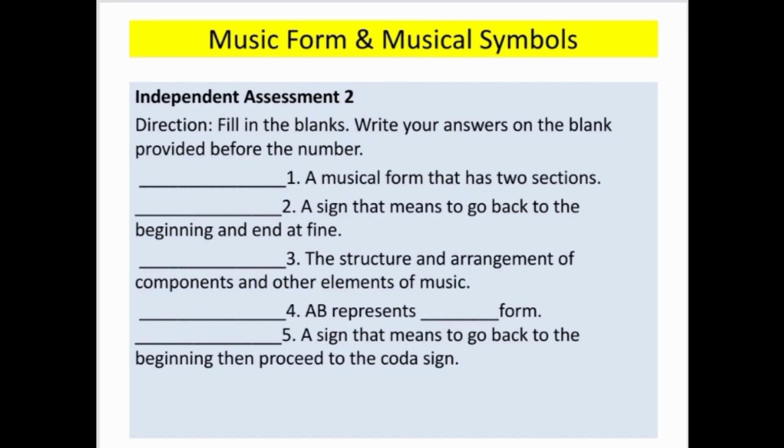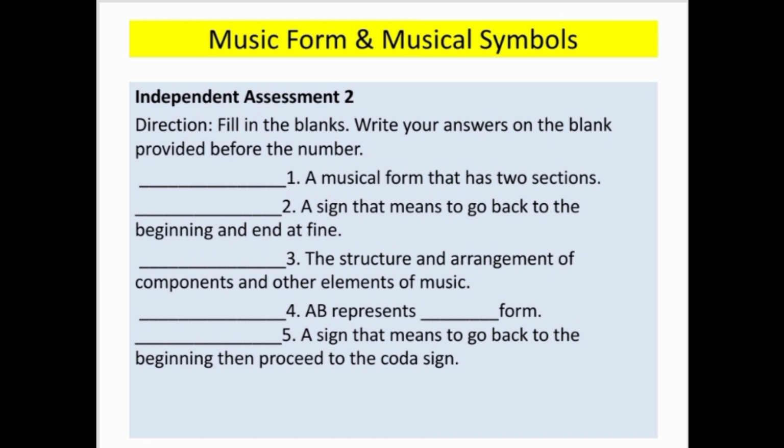Independent assessment 2. Direction. Fill in the blanks. Write your answers on the blank provided before the number. Number 1. A musical form that has 2 sections. Number 2. A sign that means to go back to the beginning and end at fine.